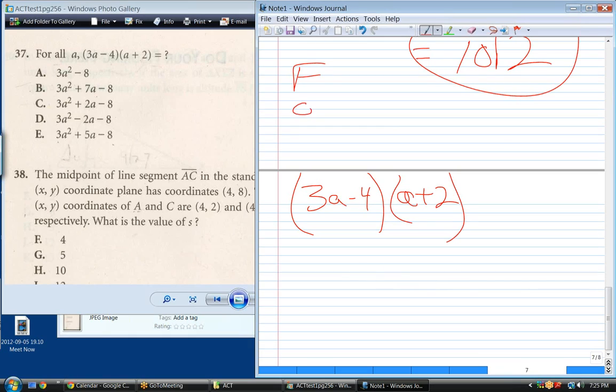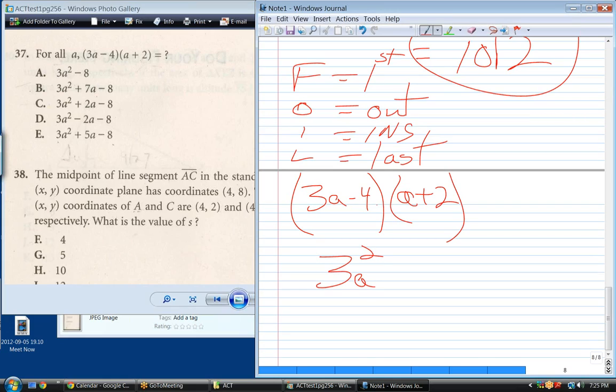And FOIL means first, outside, inside, last. So the first term is going to be 3a squared. The outside terms are going to be plus 6a, right? 3a times 2. Inside terms are going to be minus 4a.